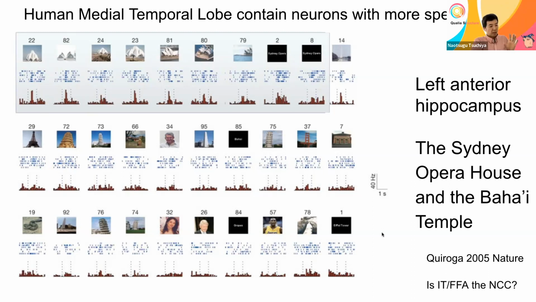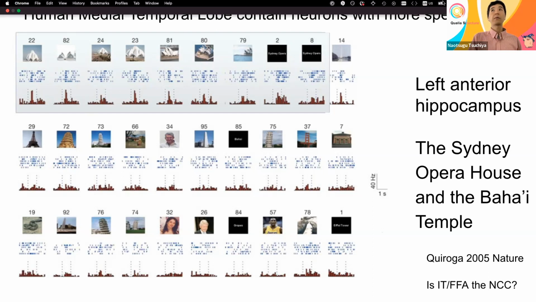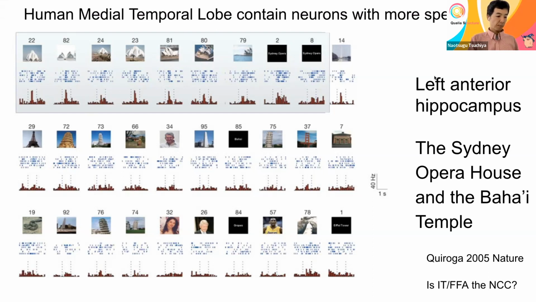So this example suggests that what matters for this neuron's response is what the patient actually saw or recognized in this image or the concept. That's the reason why it's called concept cells, or meaning cells. Here, the Baha'i was presented as a text, but it didn't induce a response. So this was not recognized as Baha'i temple.